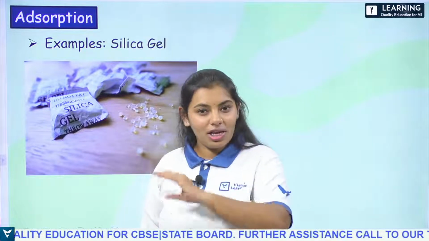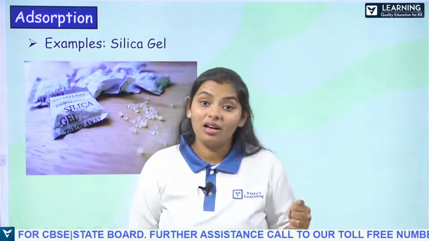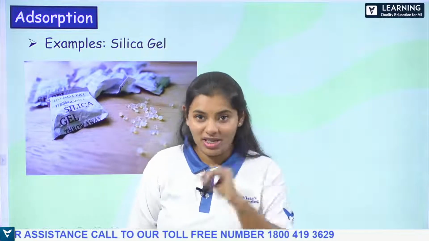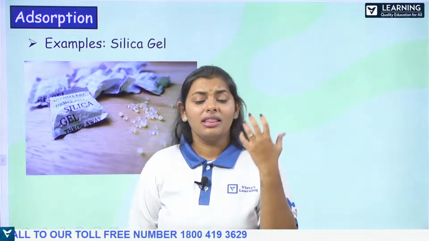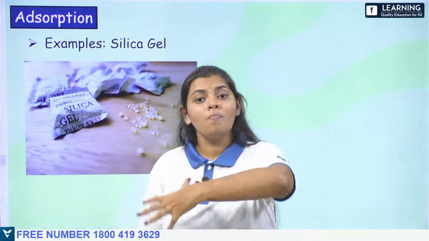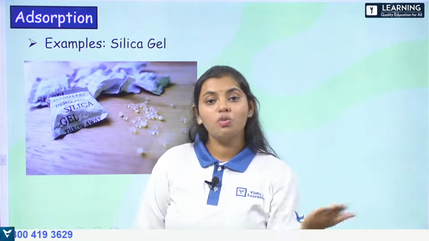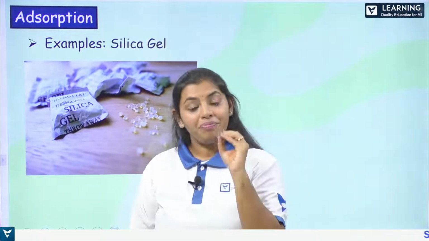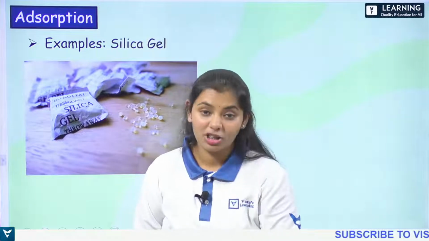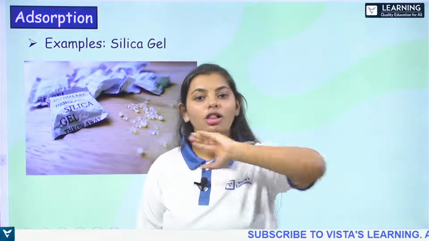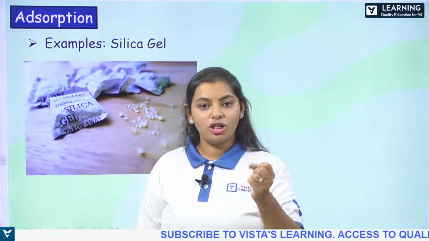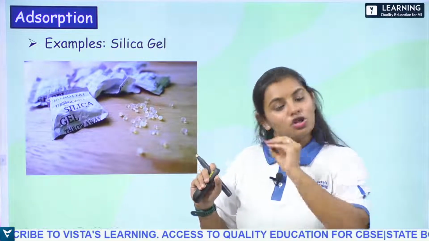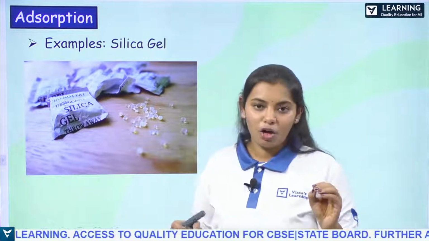When a new shoe or bag is bought, there are silica gel packets in them. Why is it present? This silica gel is going to adsorb all the moisture present around it. It is just going to accumulate all the moisture, and that moisture is present only on the surface of the silica gel. So this is also one of the basic examples of adsorption.